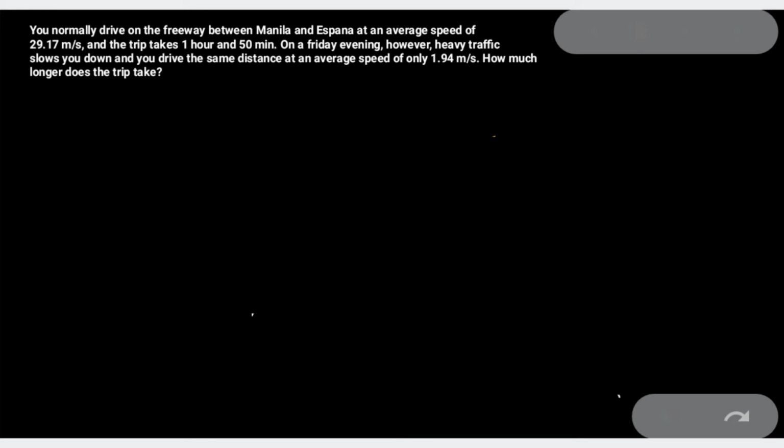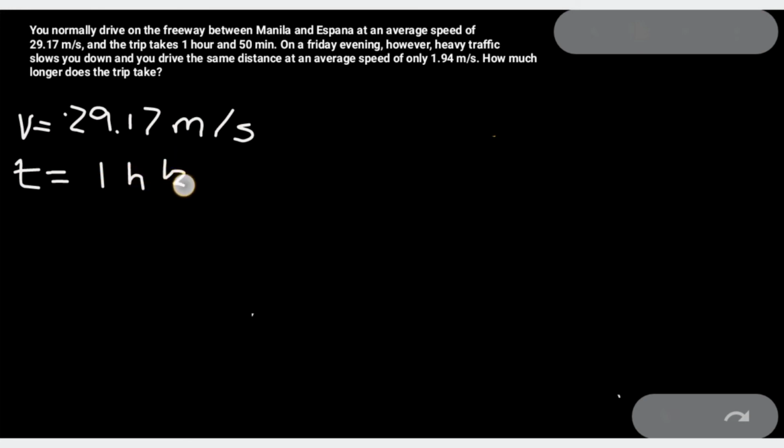So the given on this problem, we have the average speed, which is 29.17 meters per second. So this is the average speed on a freeway when there is no heavy traffic, and a time which is 1 hour and 50 minutes.